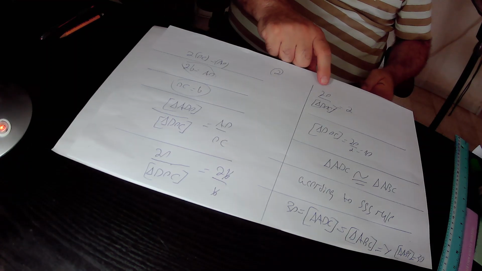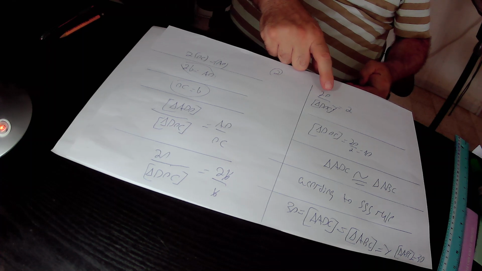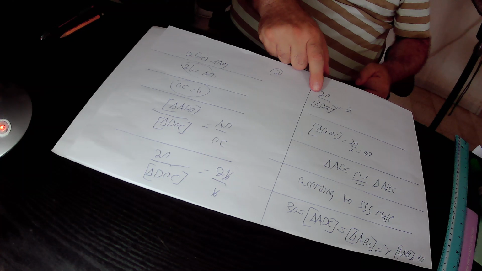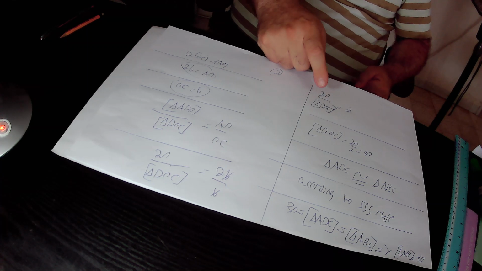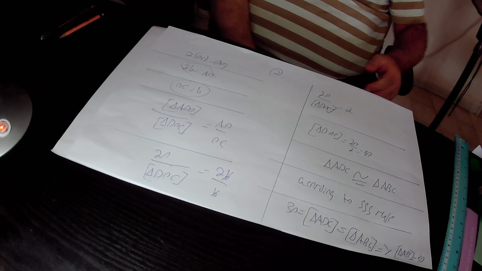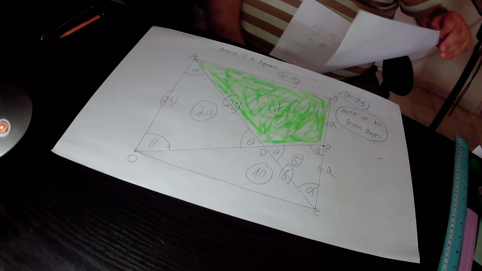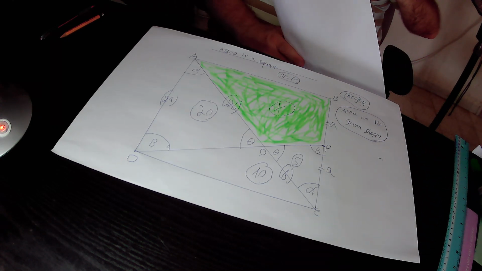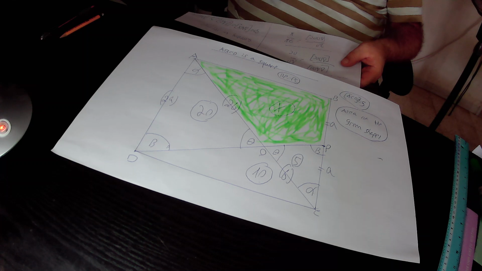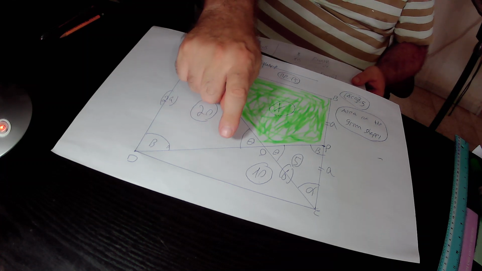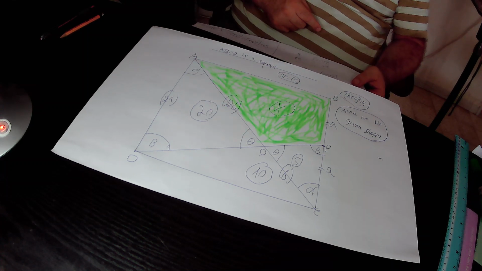So 20 over the area of triangle DOC equals 2. Here we multiply this equation by the area of triangle DOC and divide it by 2, and finally found out that the area of the small triangle DOC is equal to 20 over 2, that is 10. So the area of this small triangle DOC is equal to 10 square units.